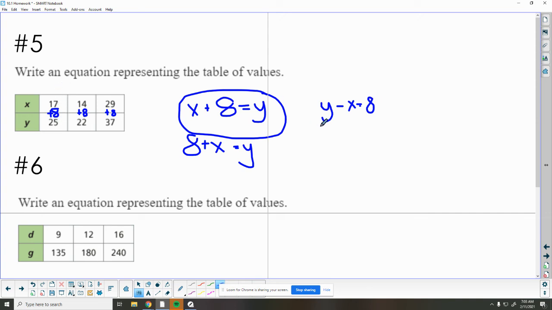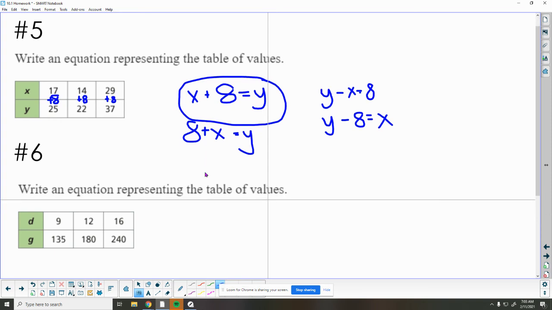The answer is 8. We could also take Y, we can subtract 8, and that would give us X. So any of these are going to be equivalent equations. When you're putting it into Ed, you'll want to be sure and use the on-screen keyboard to get it in correctly with those variables as they've given them to you.